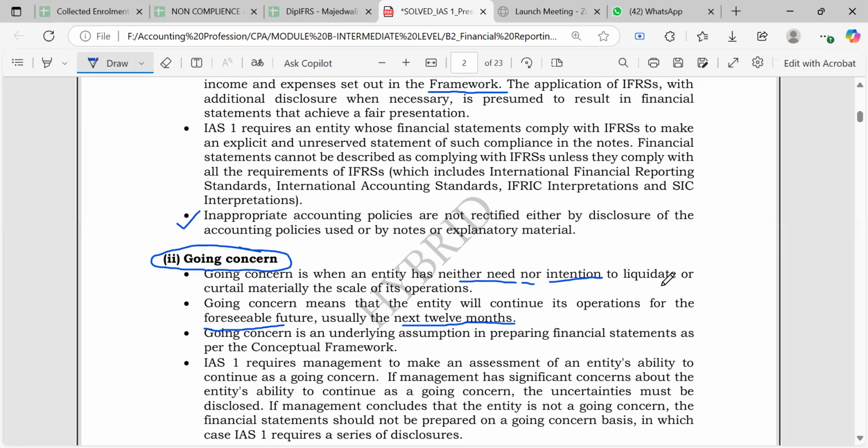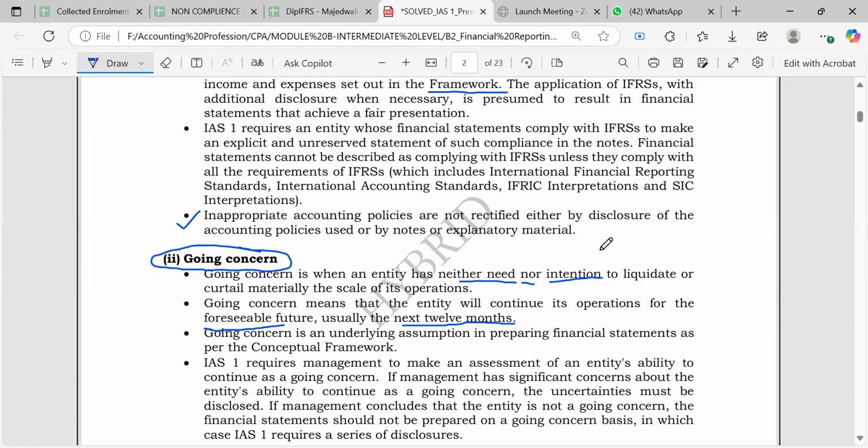But imagine you have, let's say, 50 business units, and you are going to close 48 of them. Doesn't that threaten the going concern? It does, because we have materially curtailed the scale of operations from 50 strategic business units to only two, without continued existence of this company.